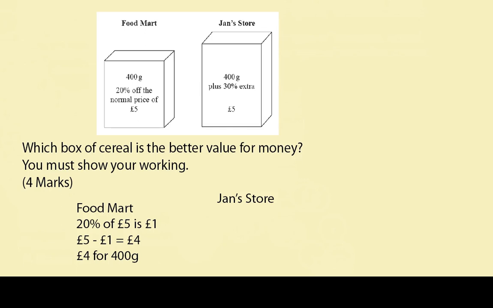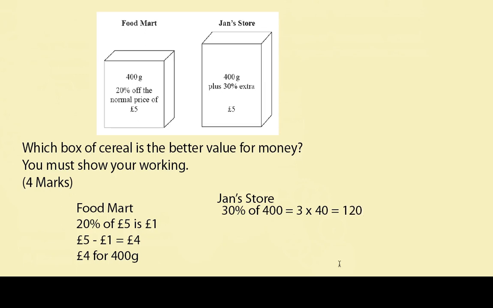So we've got 30% of 400 is what we need to work out first. It's 3 lots of 10% of 400. So 10% of 400 is 40, which gives us 120.